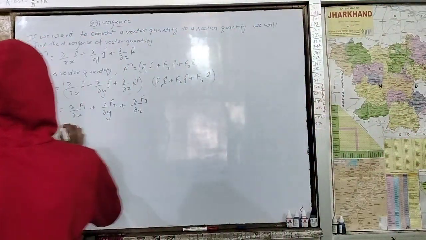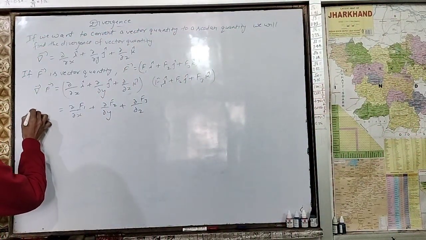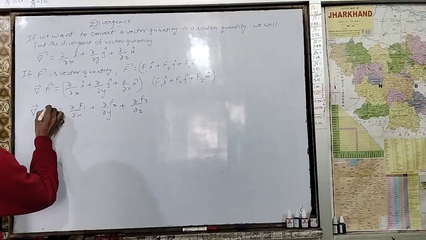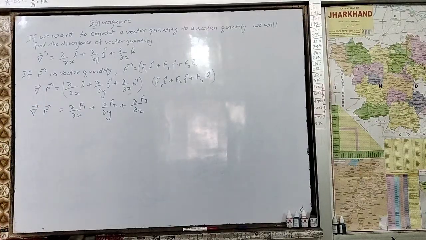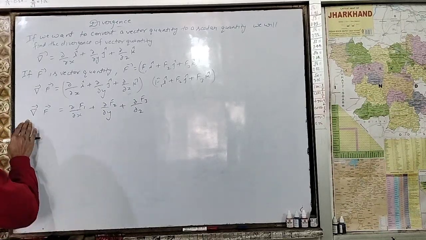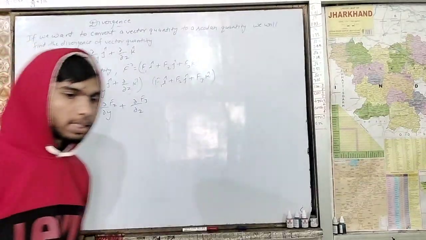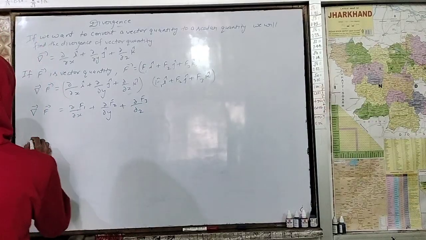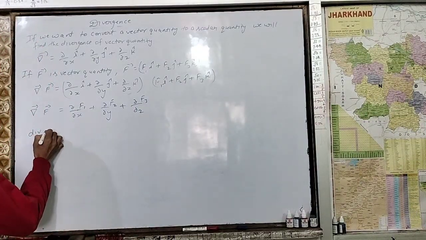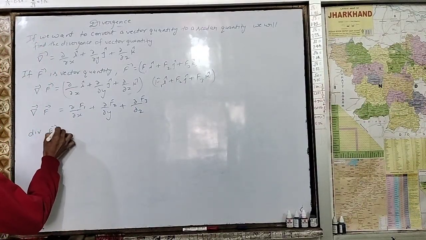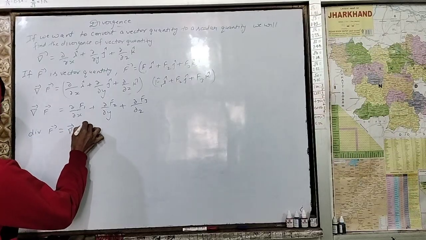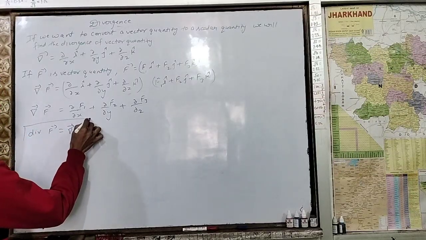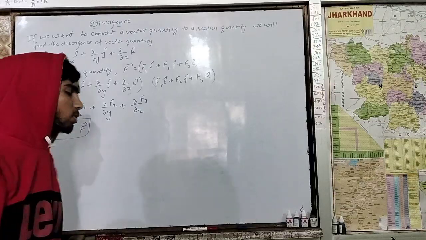Finally we got this result, which we will apply in upcoming questions. This del operator can be called divergence or gradient. So the divergence of f vector is equal to the del operator dot f vector, and this is equal to this much.